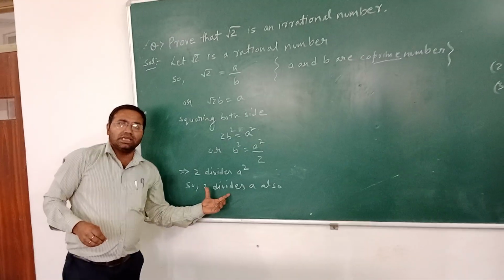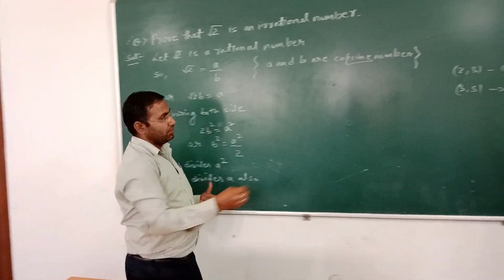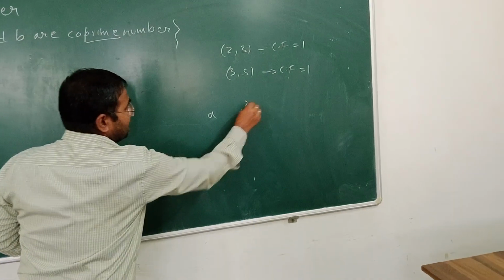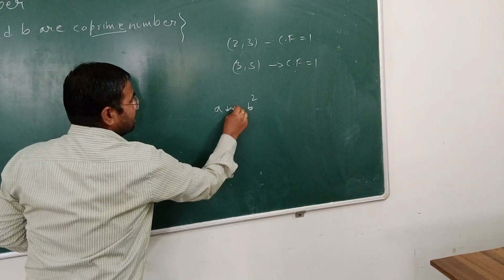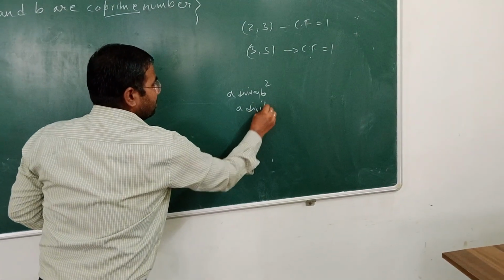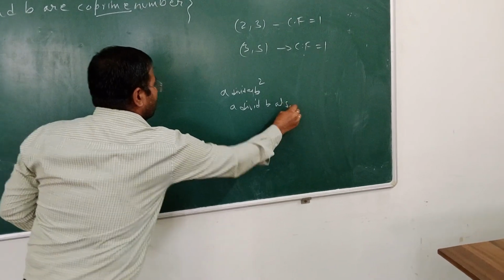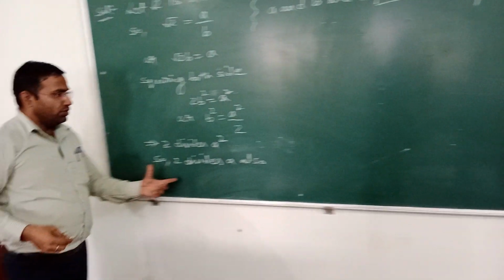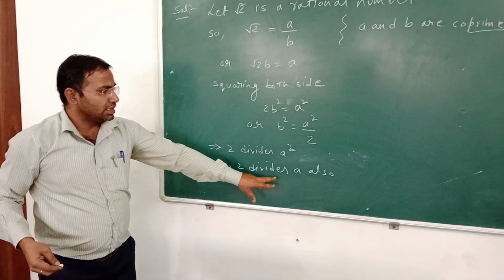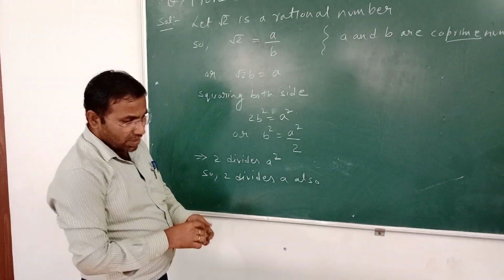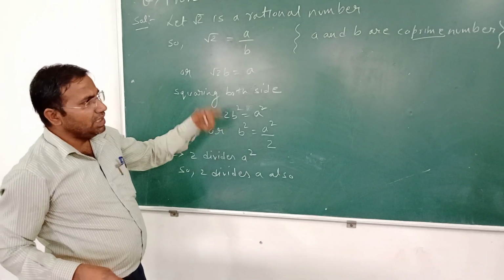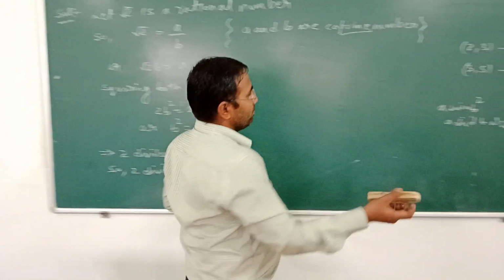In this chapter you have learned the theorem: suppose there is any number a and any number b, if a divides b square, then a divides b also. Okay, on the basis of that theorem we are writing this. So it means 2 divides a also. Okay, now we will check whether 2 divides b also or not.